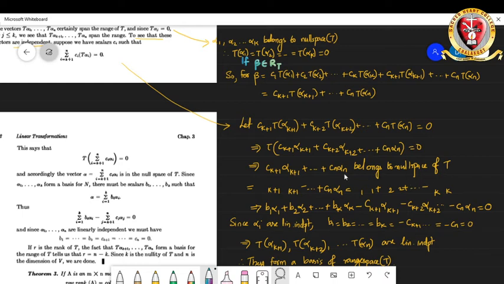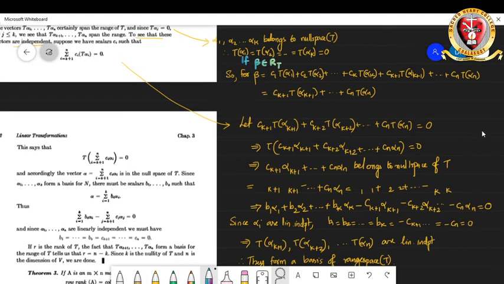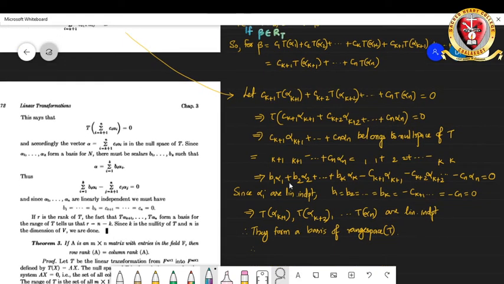Apply, so you get this C of, that is an element inside the null space, right?